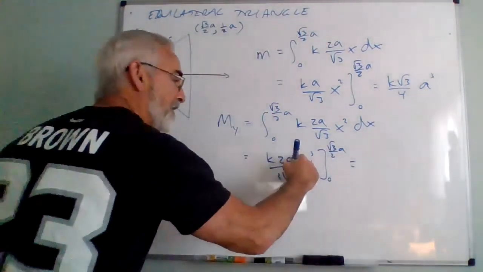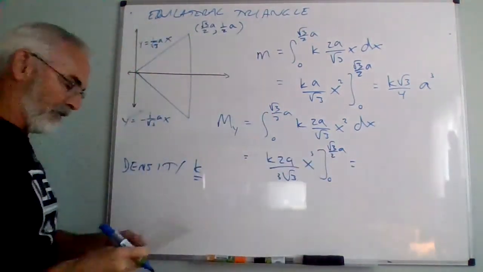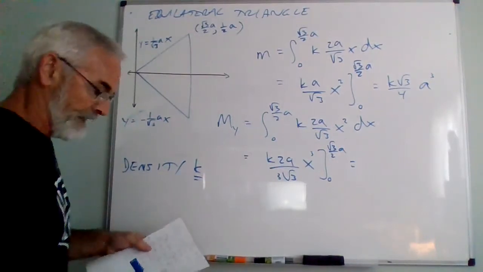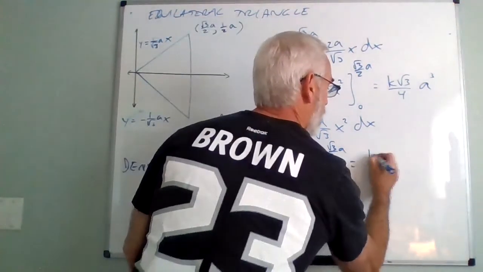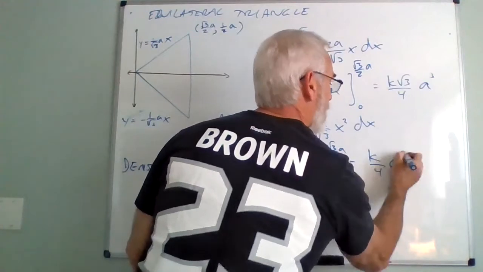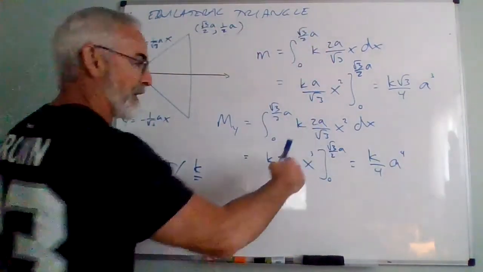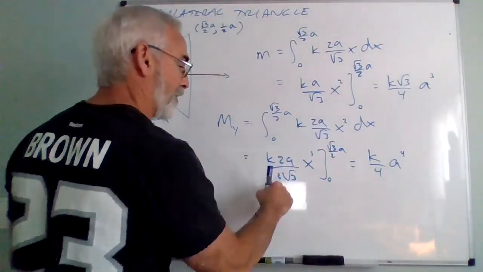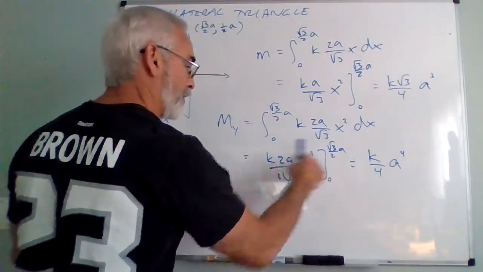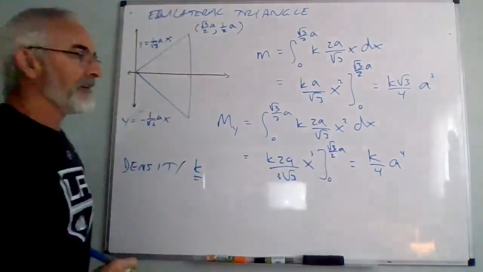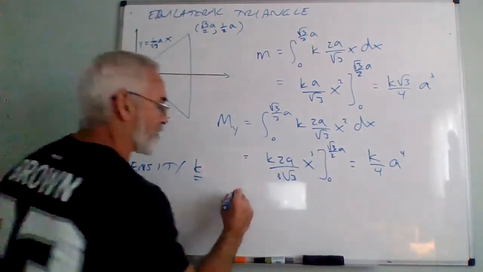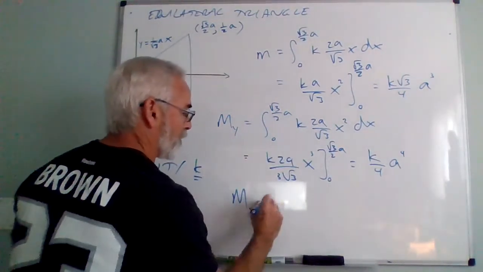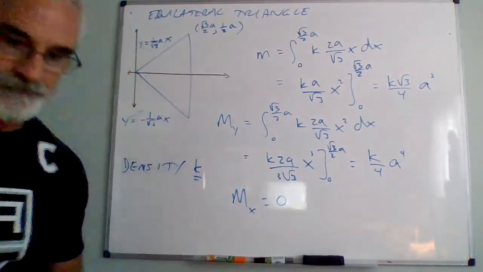And when I evaluate this and I cube this, all of the 3's are going to cancel. And I get simply k over 4 a to the 4th. Again, because when I cube the root 3's, they will cancel with these. I'm going to cube the 2. Boom. Now we're ready to answer the question because we already said that mx was 0.